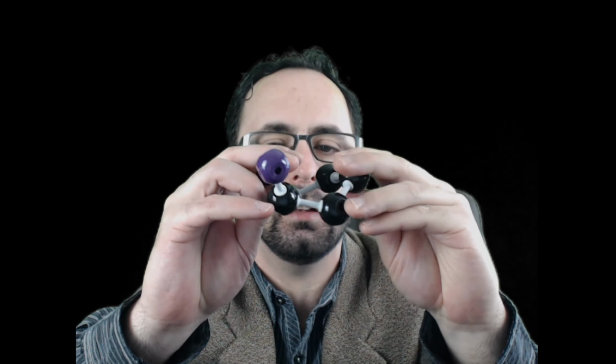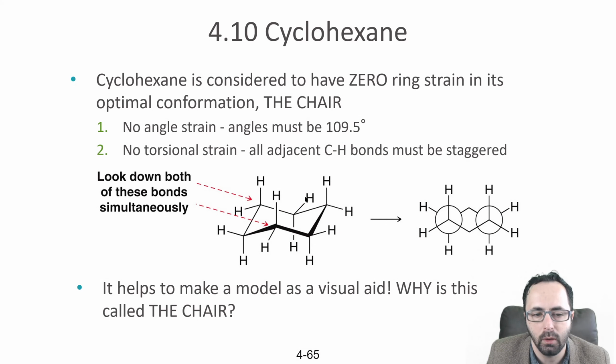They can do what's known as a chair flip that we're going to talk about. And when they do, now this purple one is in the axial position, pointing straight up and down, right? And so when this chair flip happens, we can have a flip from equatorial to axial position. This is why these models are very useful when you're doing this.